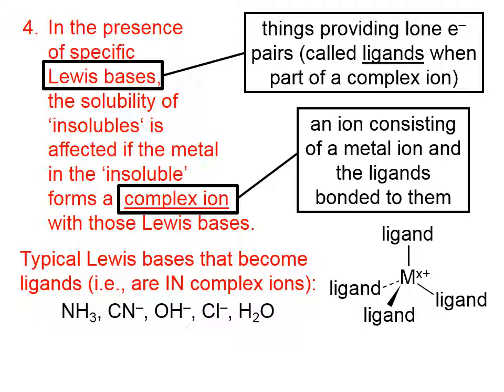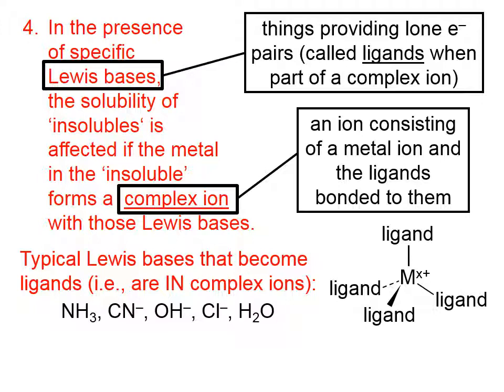Here are some typical Lewis bases that turn into ligands. That is, they are in complex ions, and most of these you should recognize. There's ammonia, which has a lone pair of electrons. We have the cyanide ion, hydroxide ion, chloride ion, and water.